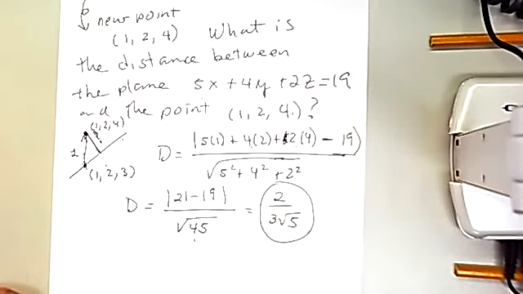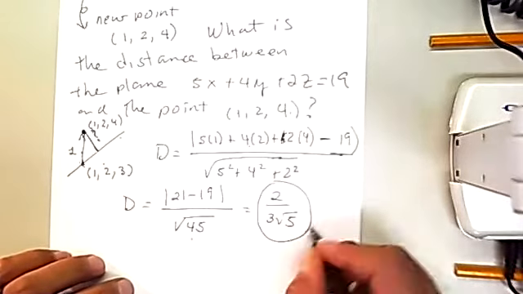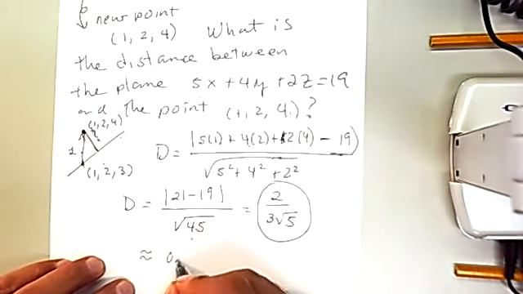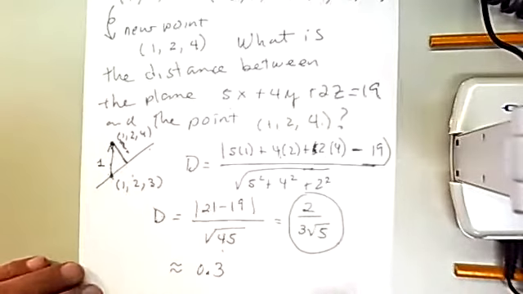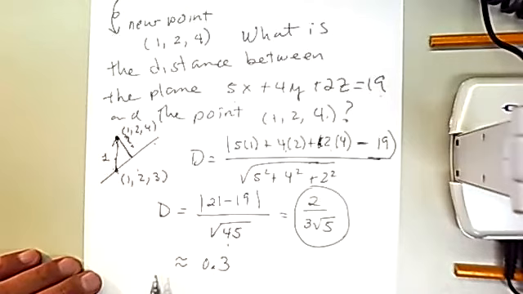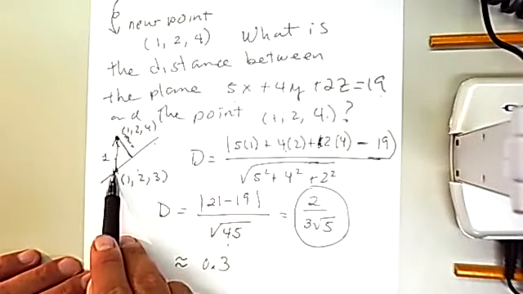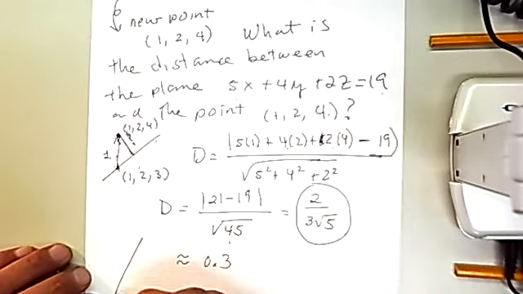I believe I did this earlier. Yes, in my calculator, if I'm not mistaken, this is approximately 0.3 units. So what that means, now that I see this number, is that this distance should be a third of this distance, which was 1. So that means that the plane is actually more inclined.